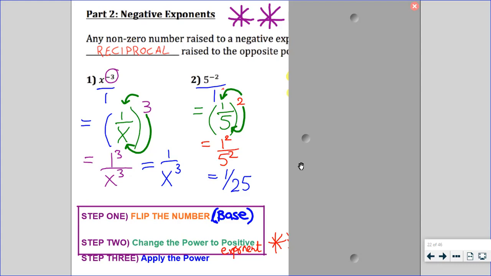So step 1, step 2, and step 3. Wonderful. Flip the base, change the power to a positive exponent, and then apply the power. And I'm going to go ahead and erase this.